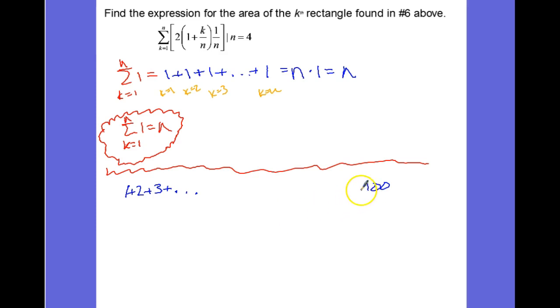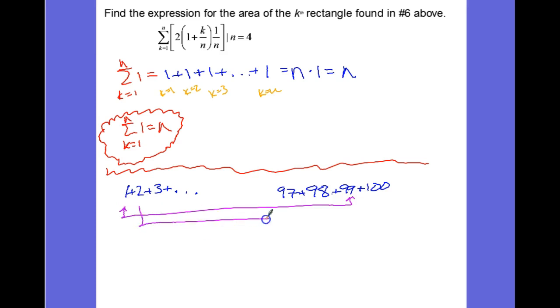So Gauss, and again, he was like 7, 8, maybe 9 years old, looked at this problem. And he immediately recognized that if he added 1 and 99, he would get 100. If he added 2 and 98, he would get 100. If he added 3 and 97, he would get 100.